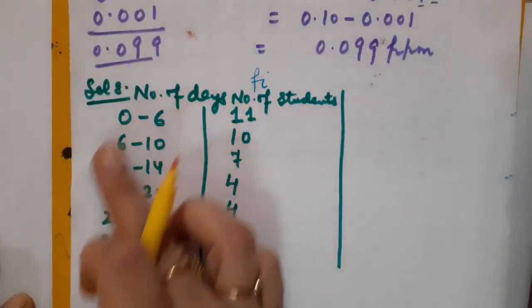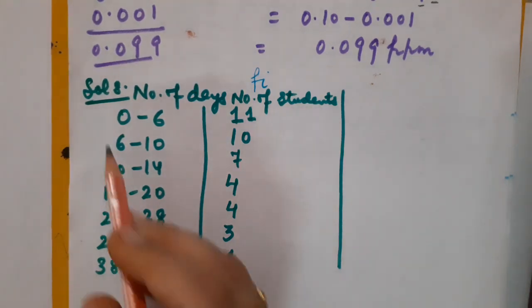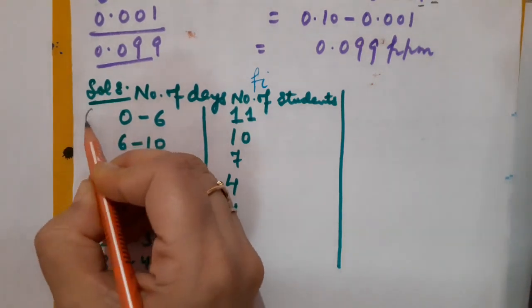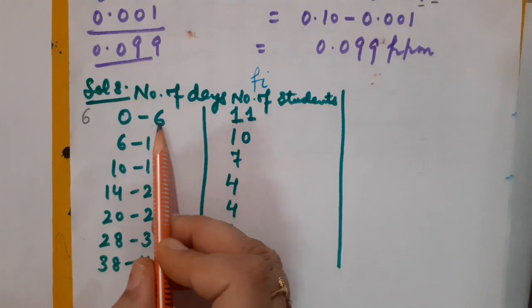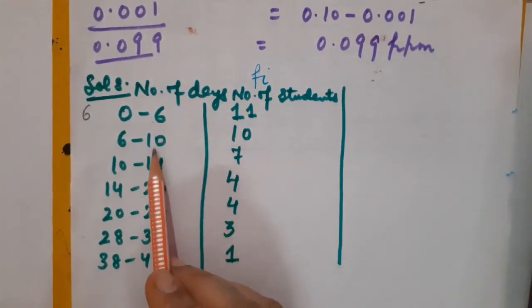Children, here I cannot apply the step deviation method. There is a reason behind it, because you can see that in the very first class interval, if I calculate h, it is equal to 6, because 6 minus 0, that is upper limit minus lower limit. Let us talk about interval number 2.